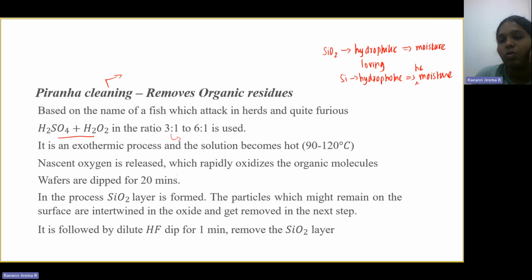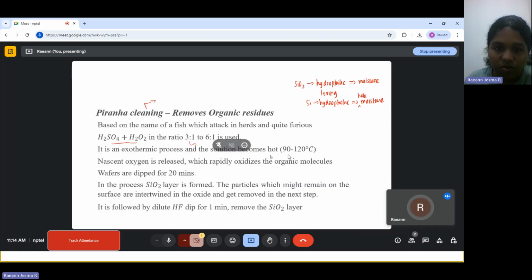So after the dilute HF dip, if we are having a silicon sample, we can know whether it is cleaned by checking whether the wafer is hydrophobic or hydrophilic. If it is hydrophobic, the oxide is completely removed in the HF dip. If it is still hydrophilic, that means some amount of oxide is still present. Is this clear?